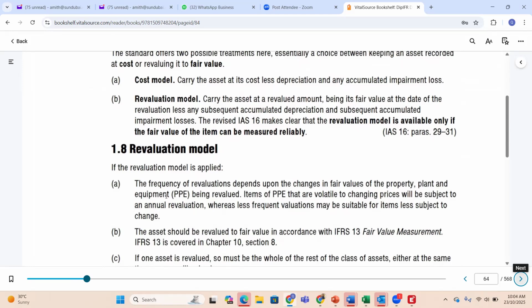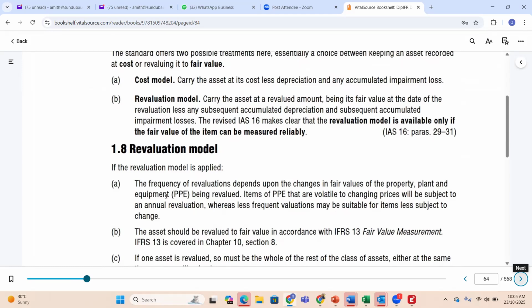You understood the question, no? Same class of asset, but different revaluation policy. Company policy means, I can or I cannot.